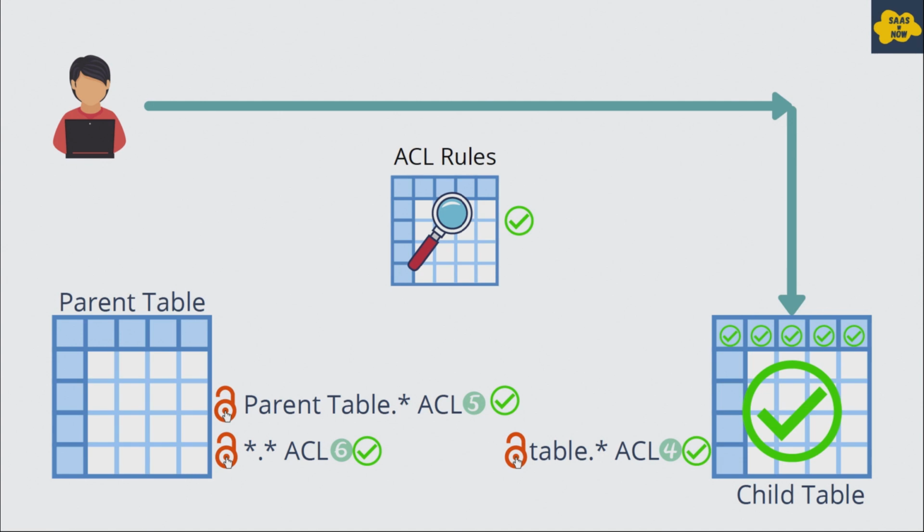Now, if the logged in user, as per the evaluation, is passing at least one ACL, in that case, user will be able to access the records of that particular table. This depends on the type, with other types of ACLs as well, like field level ACLs or other ACLs.